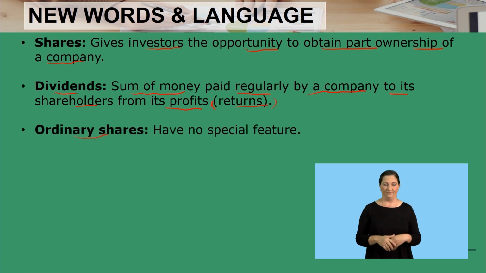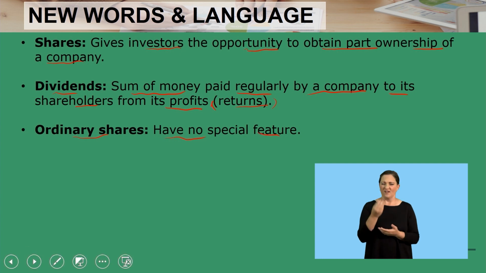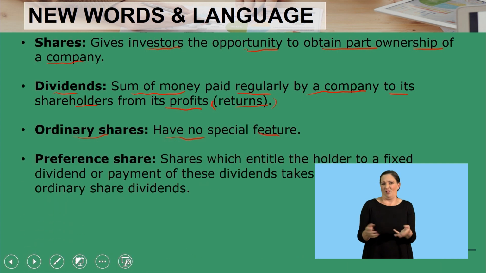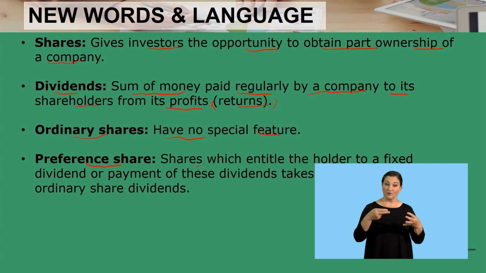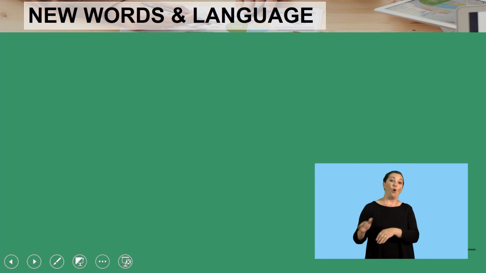Then ordinary shares refers to shares which have no special feature, and we'll discuss that during the lesson. Then preference shares refers to shares that entitle the holder to a fixed dividend, and payment of these dividends takes priority over that of the ordinary share dividends.